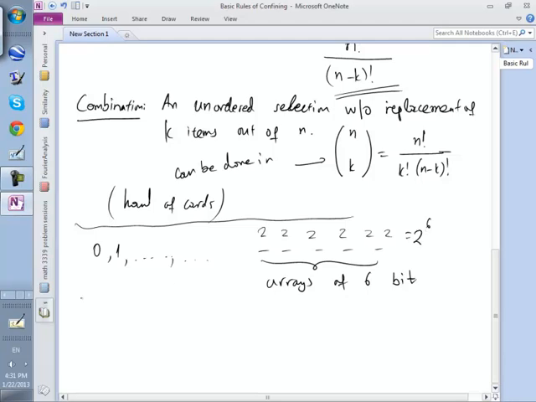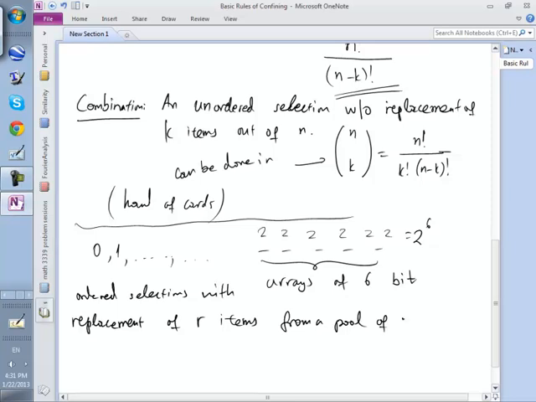So what are these? These are ordered selections with replacement of R items from a pool of N distinguishable items.